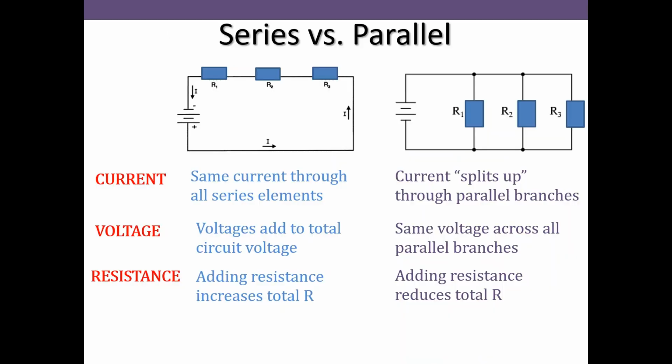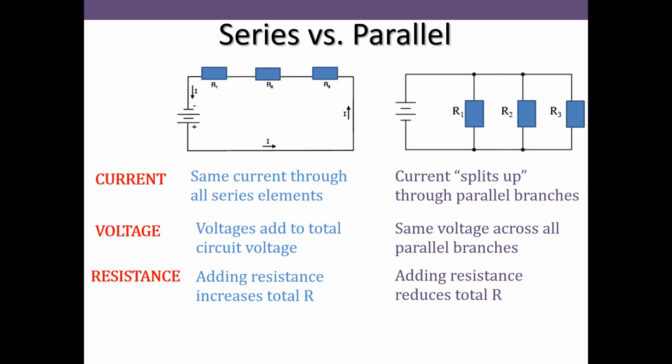So in summary, for a series circuit, the current is the same. For a parallel circuit, the current splits up. For the voltages in series, they add up. So the voltage across R1 plus the voltage across R2 plus the voltage across R3 will add up to the battery voltage.